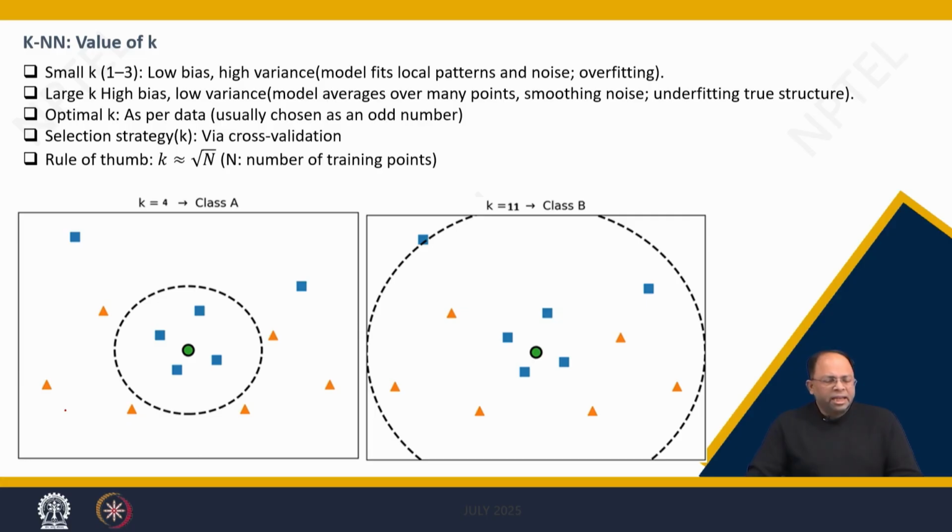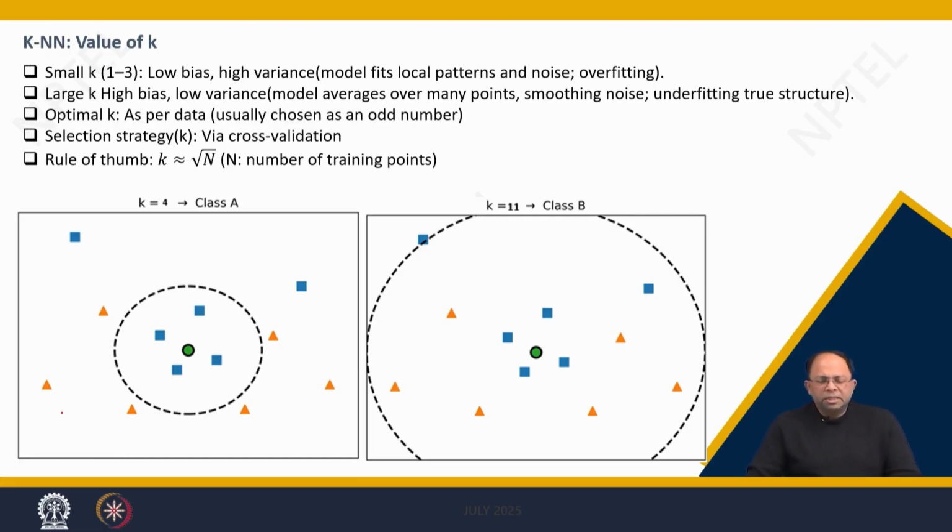Now when we take k equal to 4 and we take distance as Euclidean, which will form a circle, you see that in the first instance the classification of this new point would be class A, which is the same as the four objects that fall within that circle. So which is nothing but the blue rectangles, blue squares.